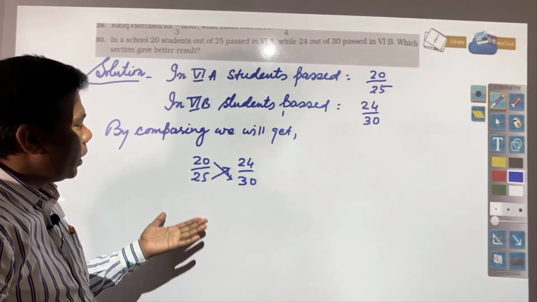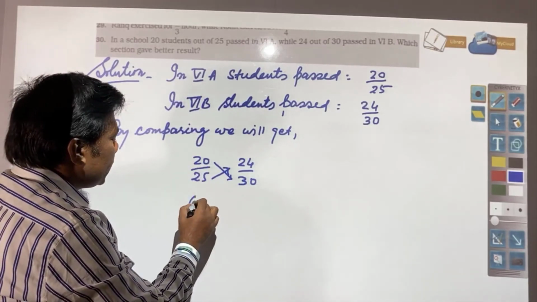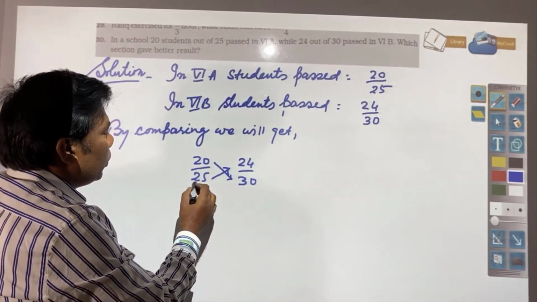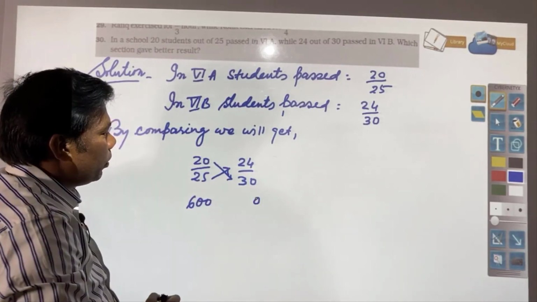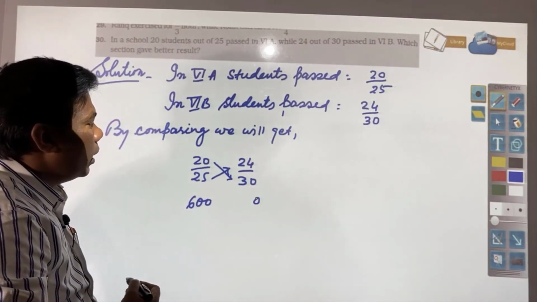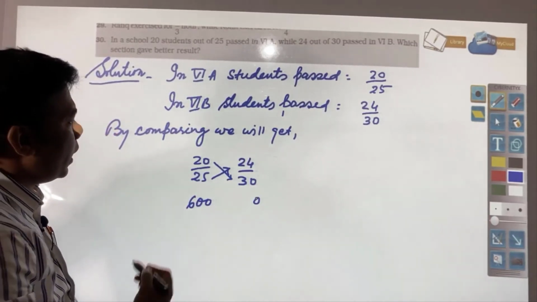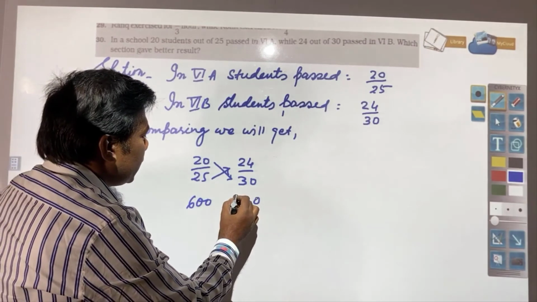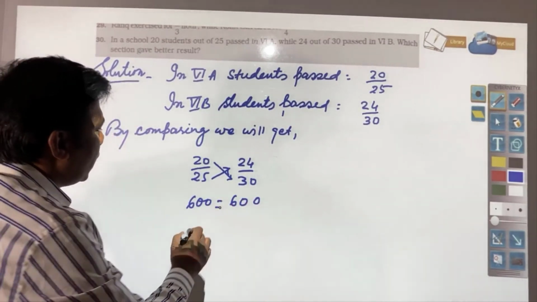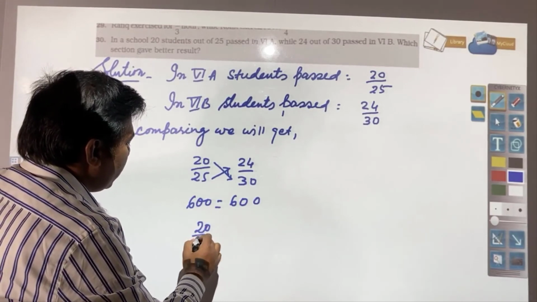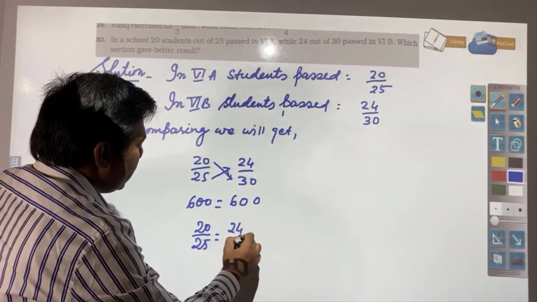That is one possibility. Or directly you just multiply and see. 20 times 30 is 600. 25 times 24: 25 times 4 is 100, 25 times 20 is 500, and 100 and 500 will be 600. So both will be equal, and that's why 20 by 25 will be equal to 24 by 30.